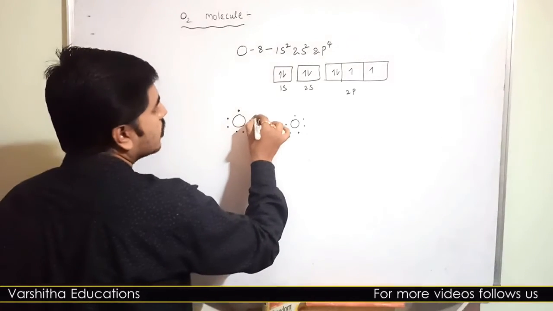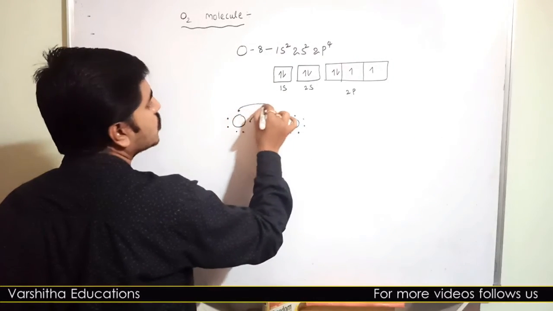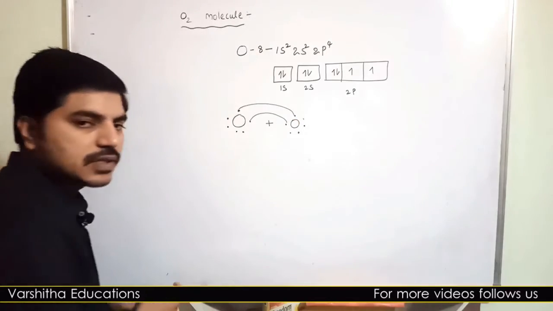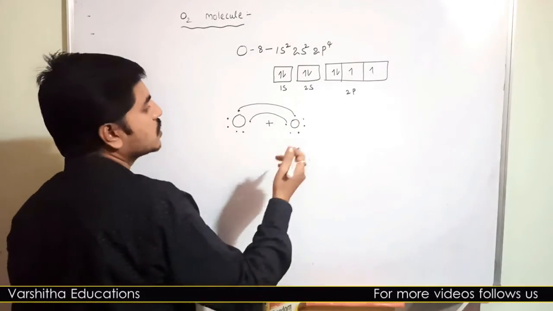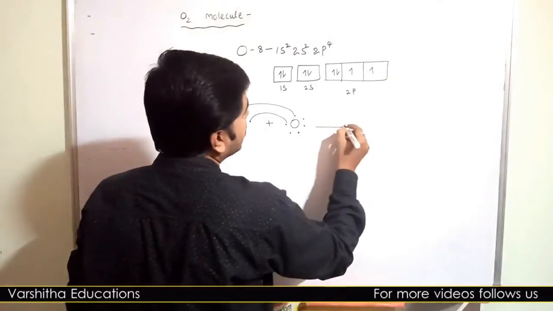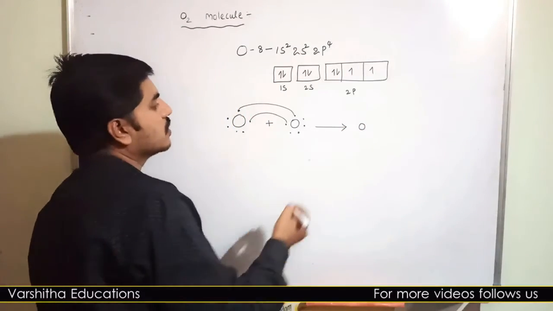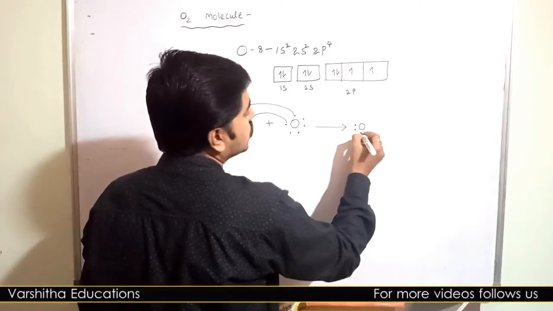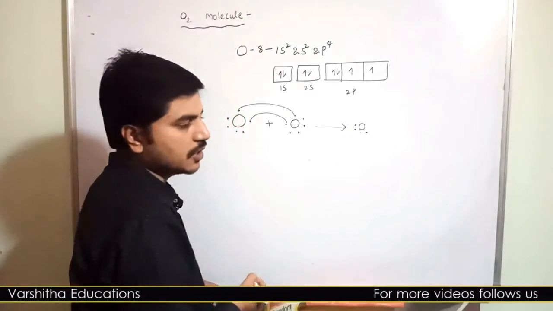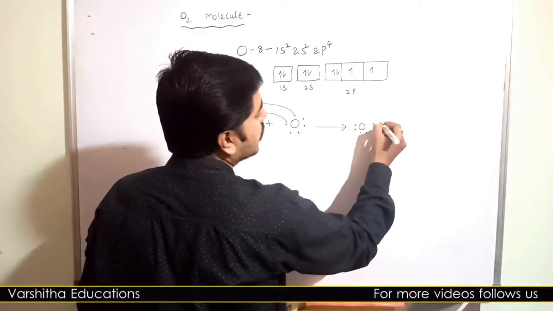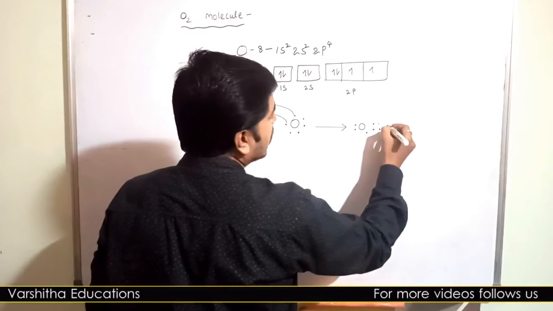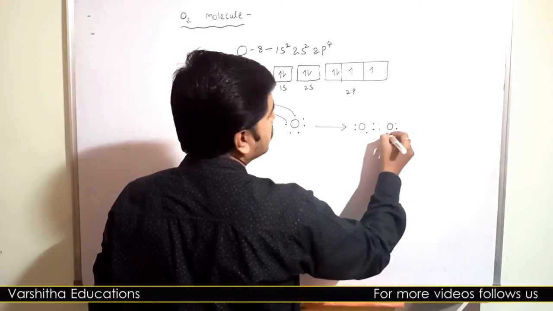So this one makes a bond with the other, and here also it is ready to make a bond with the pair of electrons. So oxygen has 2 and 4 present, and the bonding pairs of electrons are present like this.